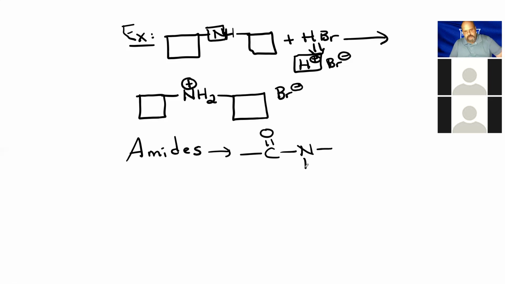So for amines, essentially, the nitrogen is attached to either hydrogens or hydrocarbon groups, usually alkyl, and it could have a benzene ring attached to it as well. But for an amide, one of the things that nitrogen is going to be attached to is a carbonyl group, a C double bond O group. So the way we look at it is that when you have C double bond O connected to nitrogen, that gives you what is known as an amide.